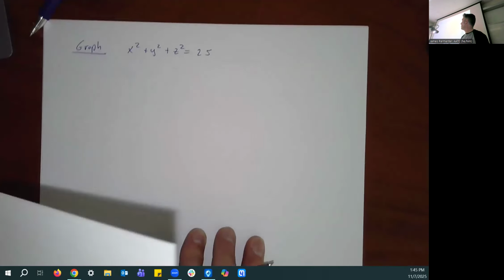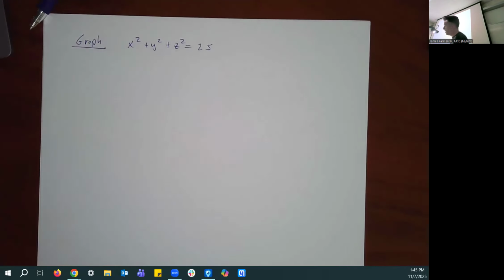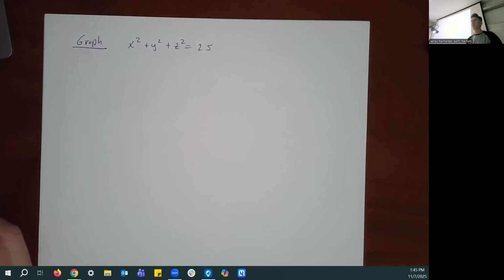And this might make you think a little bit of the equation of a circle, but not exactly, because you have a third dimension here.